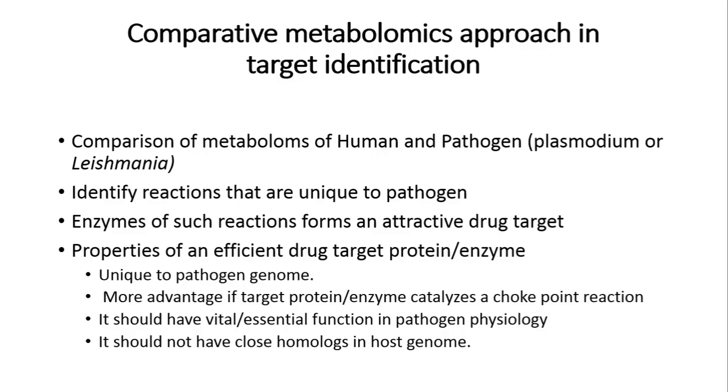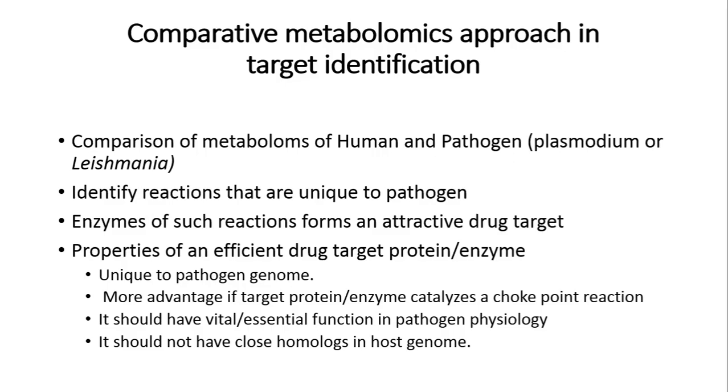The first category would correspond to all of those reactions that are only present in human. Another category would be all of the reactions that are only present in the pathogen. And a third category might be certain reactions that are present in both organisms.